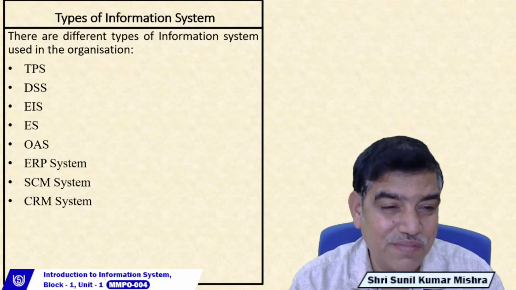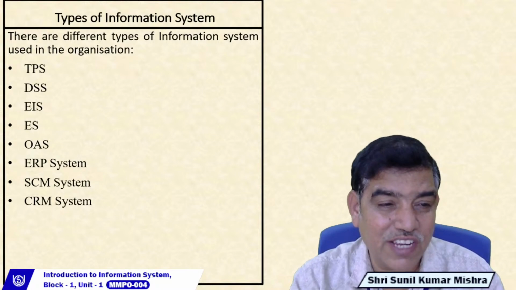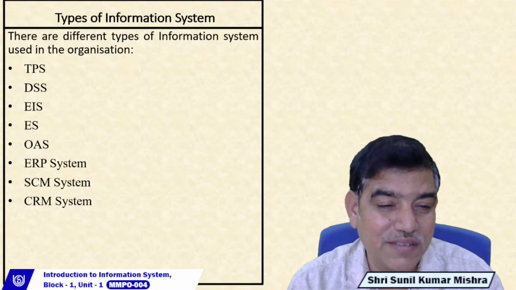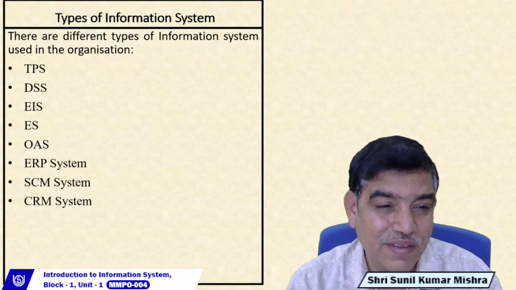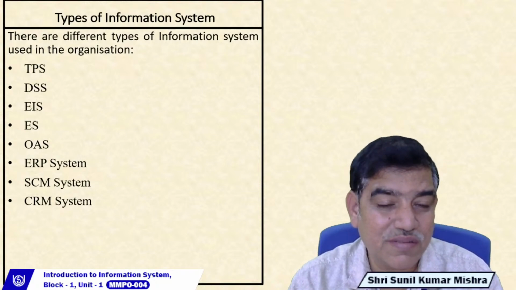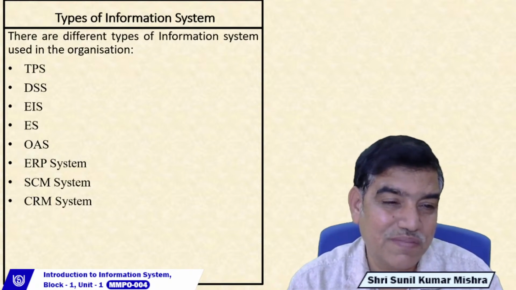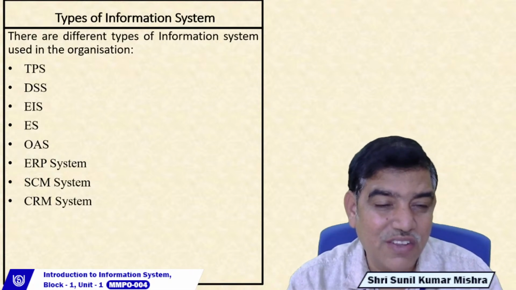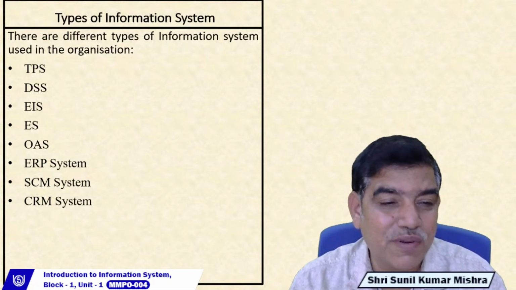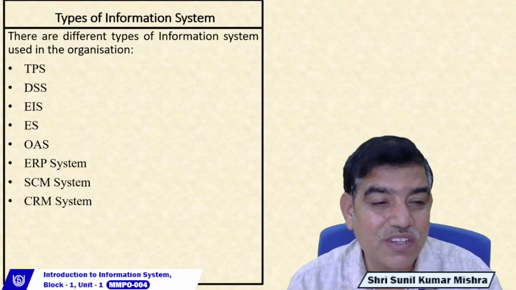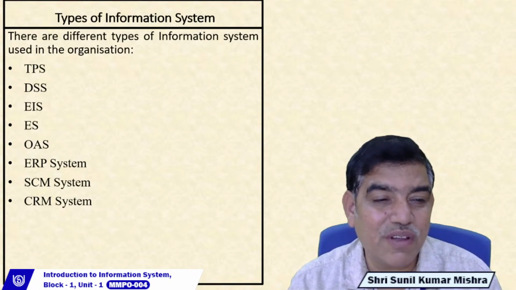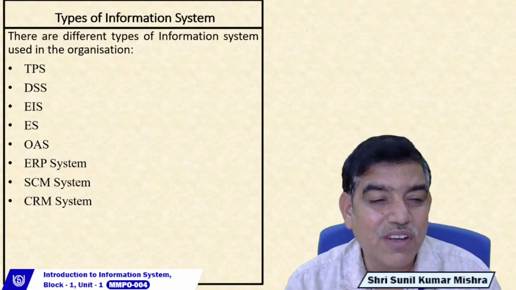Then it is the job of the manufacturing organization to sell their product to the market. So there are different processes: supplier, manufacturer, then wholesaler, then dealer, then retailer, then customer. In this path, the finished product reaches the customer. So SCM is software that makes a relationship from supplier to customer.